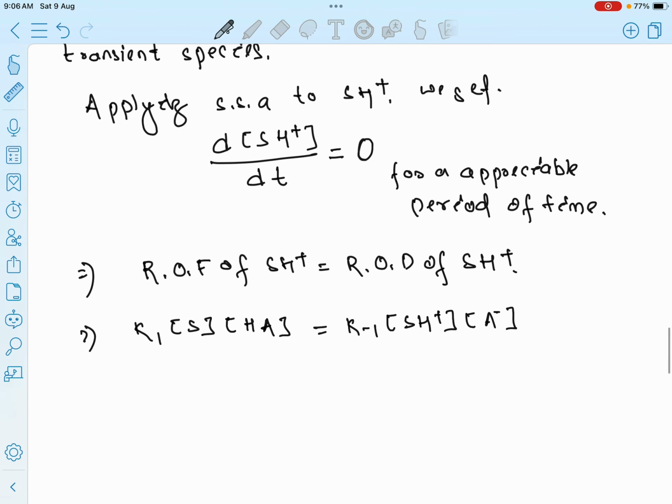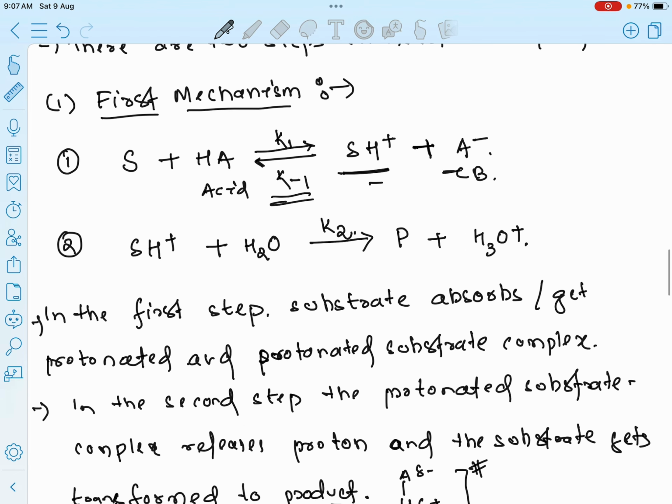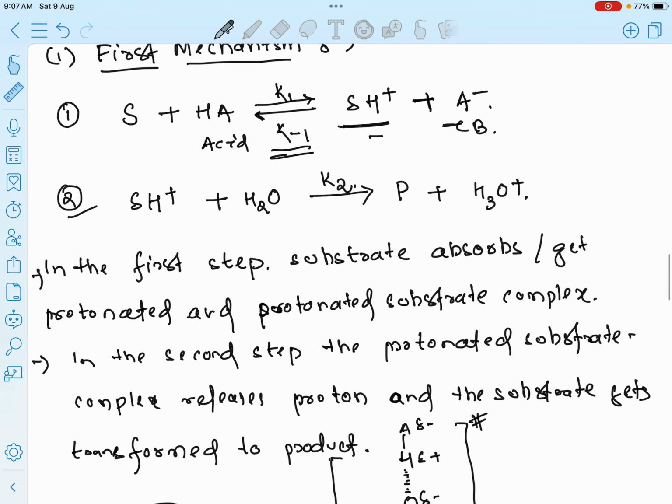Okay, and also in the second step, the concentration of SH plus is degrading. But you should remember that here water is taken as a solvent. So it will obviously be in excess amount, and therefore a very small amount of water will participate during the course of the reaction.